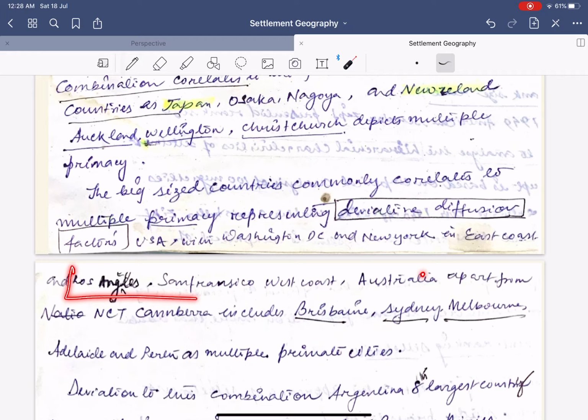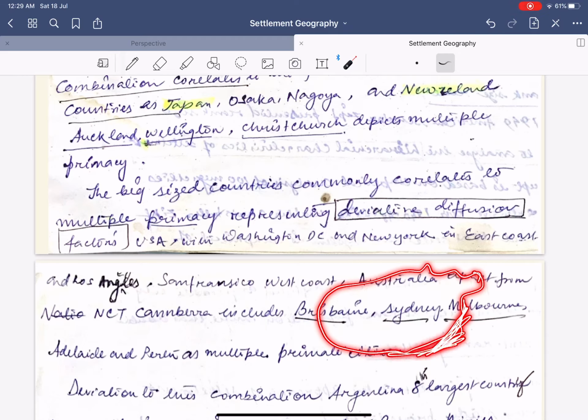Similarly, Los Angeles and San Francisco on the West Coast. Kindly look into this in the map. This would be very helpful for your map marking. Next, Australia, where we have the NCT, Canberra, Brisbane, Sydney, Melbourne, almost all located on the eastern coast, this part.